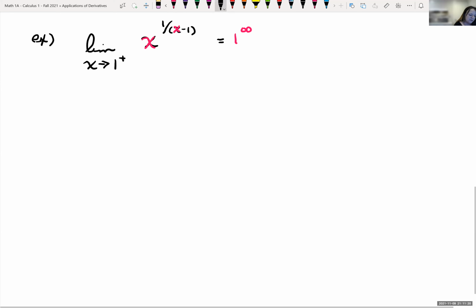And so maybe we can let, let's just say y equals x raised to the 1 over x minus 1 power.